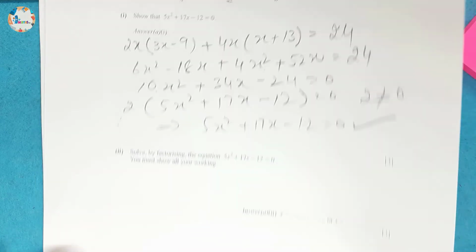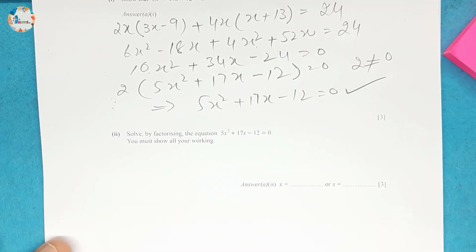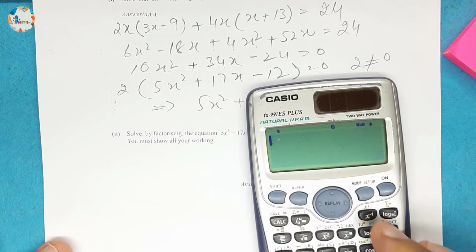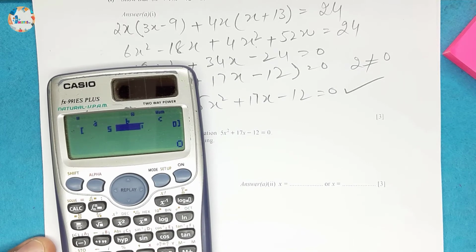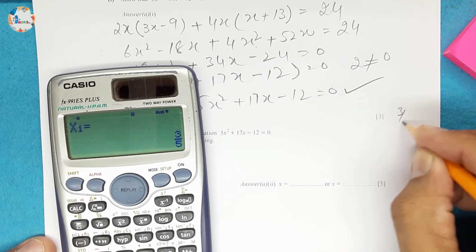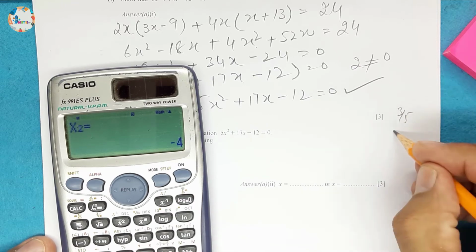Now we have to factorize this equation. To factorize this equation, we can use mode 5, 3: the coefficient of x squared is 5, the coefficient of x is 17, and the constant value is minus 12. So x1 will be 3 by 5, so the values will be 3 by 5 and minus 4.